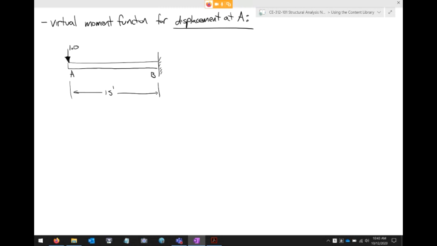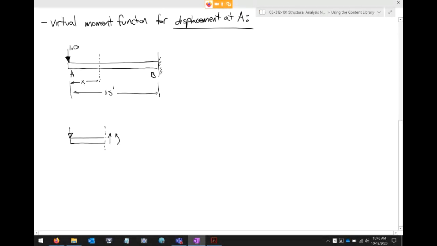And then I'm going to do the same thing. I'm going to cut a section where this dimension is x, and look to the left. When I cut a section and look to the left, what do I see? I've got my shear and my moment, but I'm going to label that in a second.